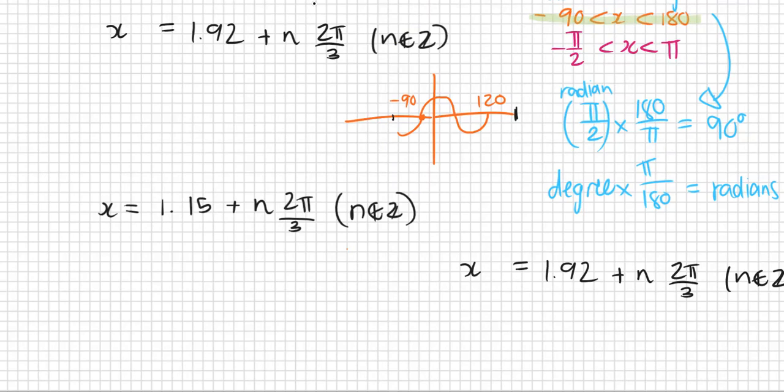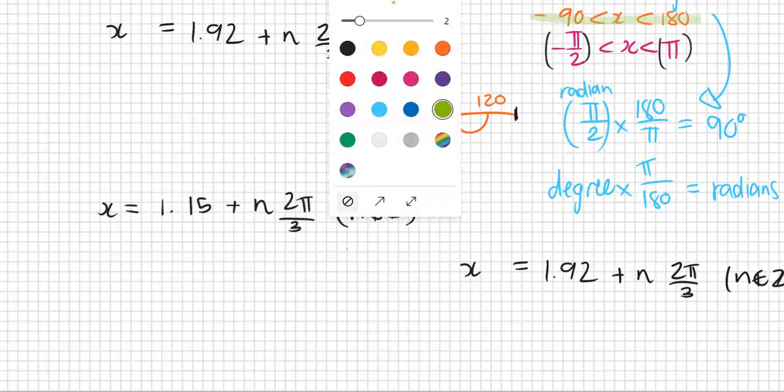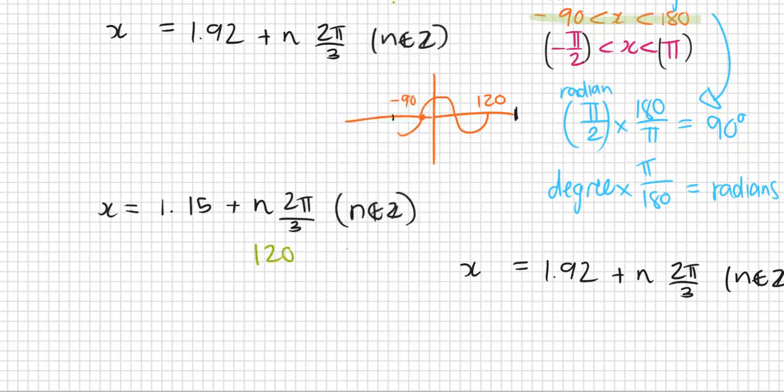Also minus pi over 2 to pi. Of course, if you use the converted one, you kind of have to convert this as well. So 2 pi over 3 times 180 over pi. If you want to convert everything, really see where you're going, 2 pi over 3 times 180 over pi is 120. So it's repeating, obviously that's 360 divided by 3, makes sense.